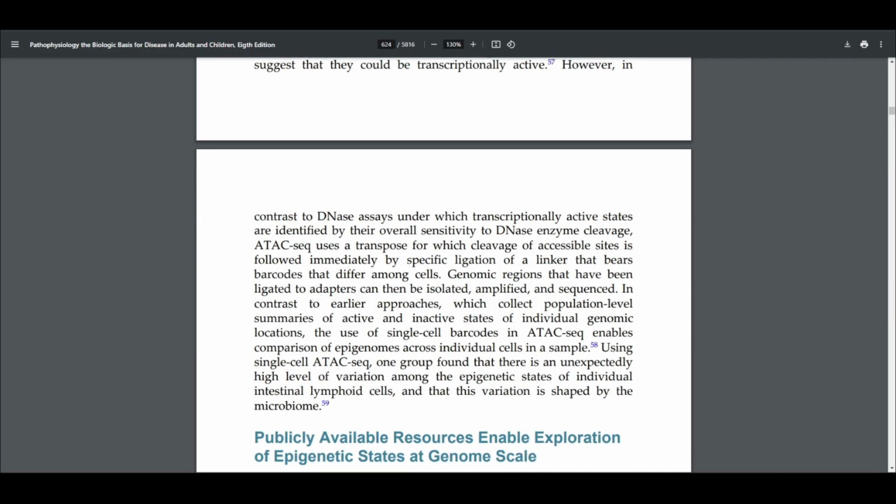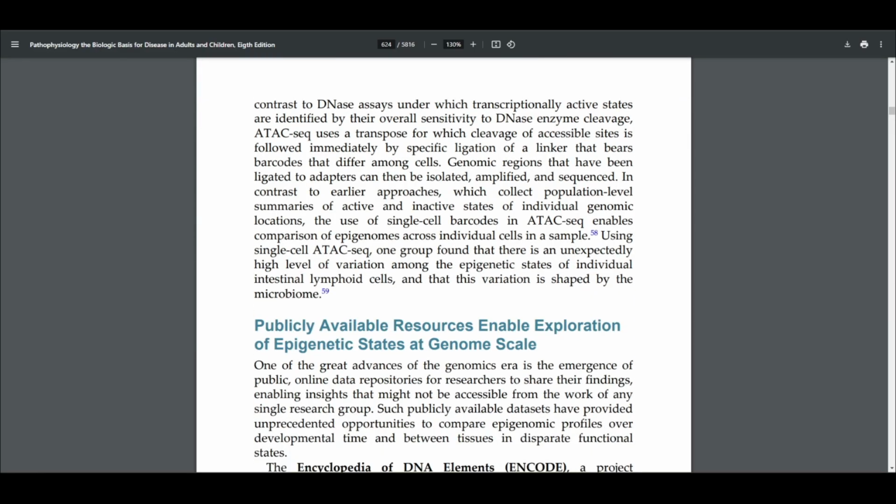However, in contrast to DNase assays, in which transcriptionally active states are identified by their overall sensitivity to DNase enzyme cleavage, ATAC sequencing uses a transposase, for which cleavage of accessible sites is followed immediately by specific ligation of a linker that bears barcodes that differ among cells.